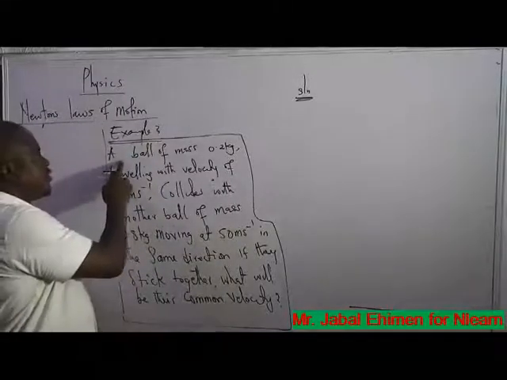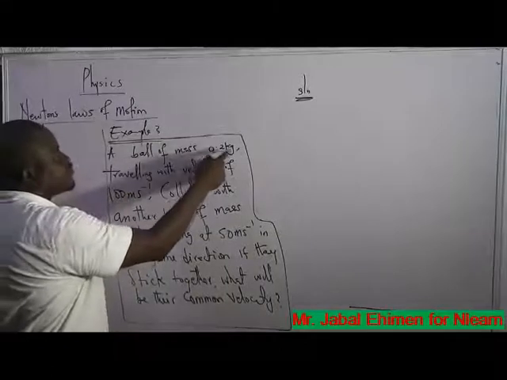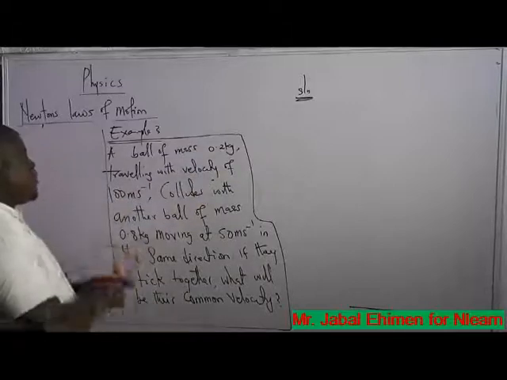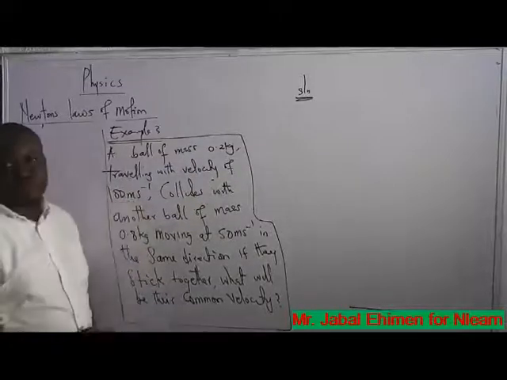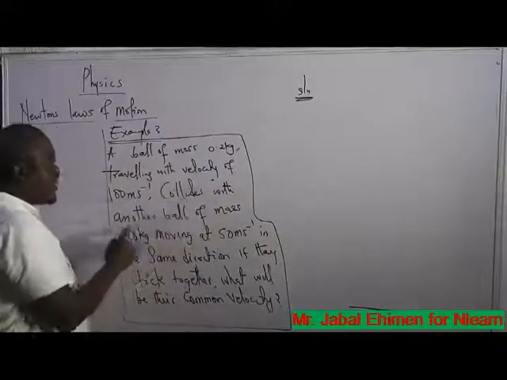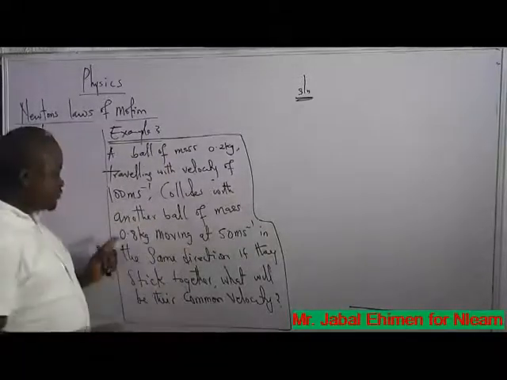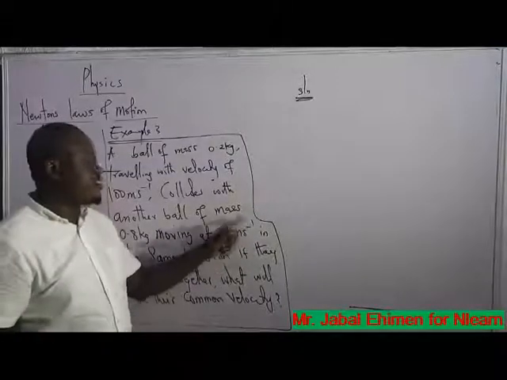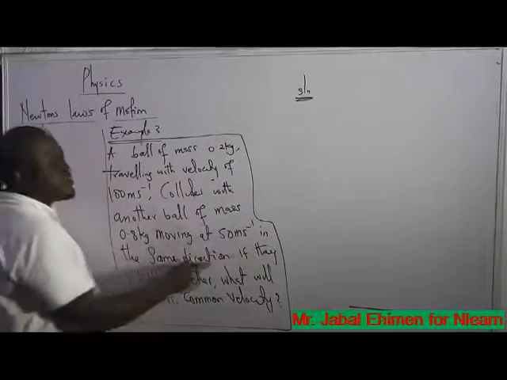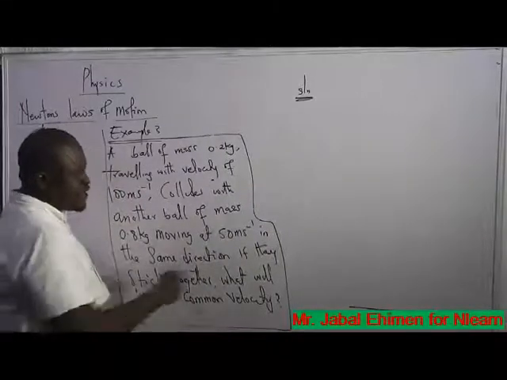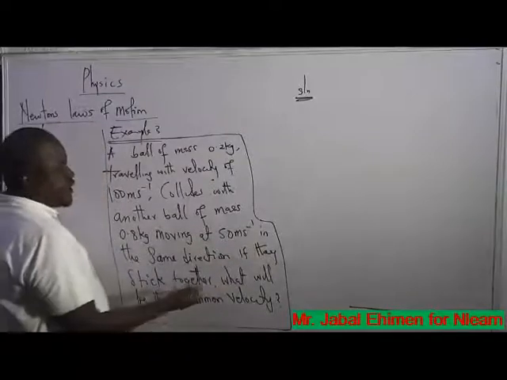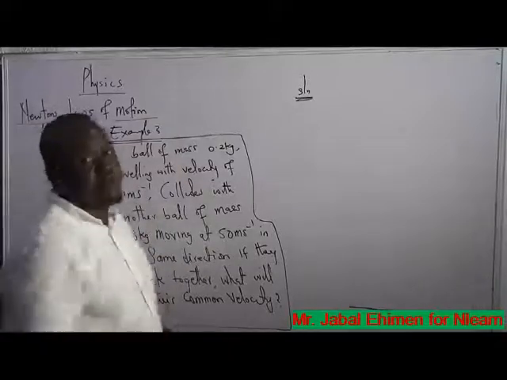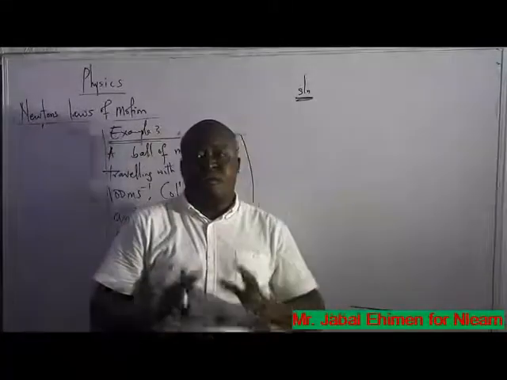A ball of mass 0.2 kg traveling with a velocity of 100 meters per second collides with another ball of mass 0.8 kg moving at 50 meters per second in the same direction. If they stick together, what will be their common velocity? We have to write them out the way we describe them in our cases.